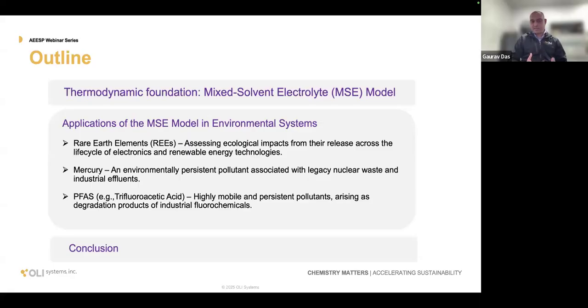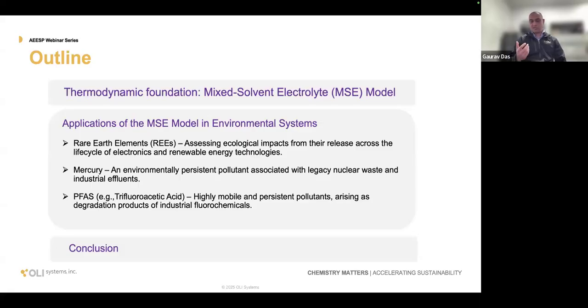First, I'll give a very brief overview of the thermodynamic foundation, the speciation-based mixed solvent electrolyte MSE model, and then I'll go into specific examples where I'll show applications of the MSE model for solving problems related to rare earth elements and their impacts on microbial systems, and mercury, understanding its chemistry, which has an impact on nuclear waste.